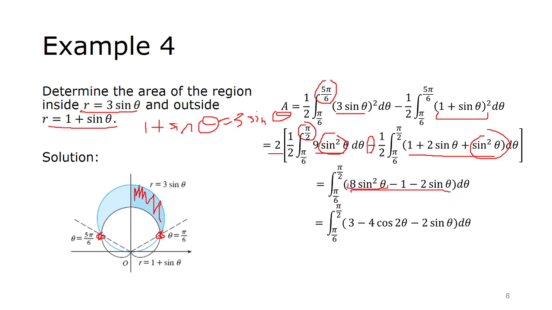You can rewrite 8 sine squared theta into this form, which helps a little bit with the integration. So then we've got an integral of 3 theta for the first term, using the chain rule a bit, negative 2 sine 2 theta, and then positive 2 cosine theta. And when we evaluate those definite integral bounds, we reach pi.